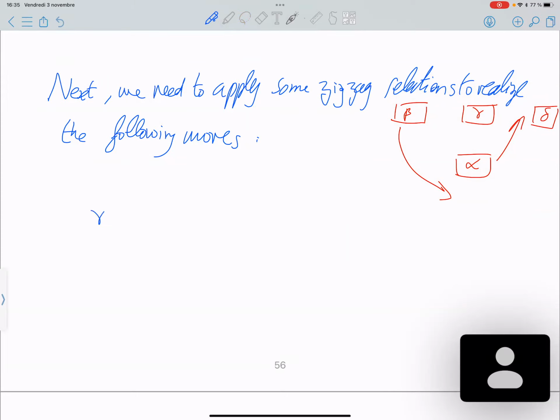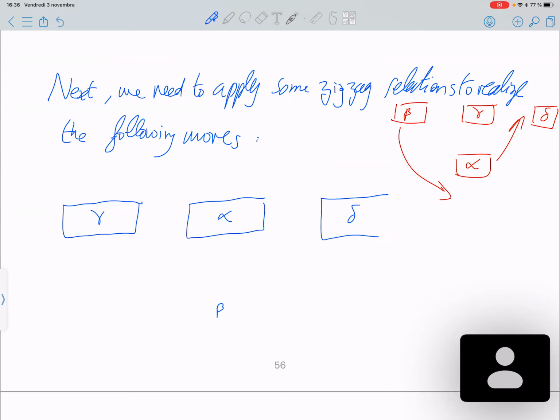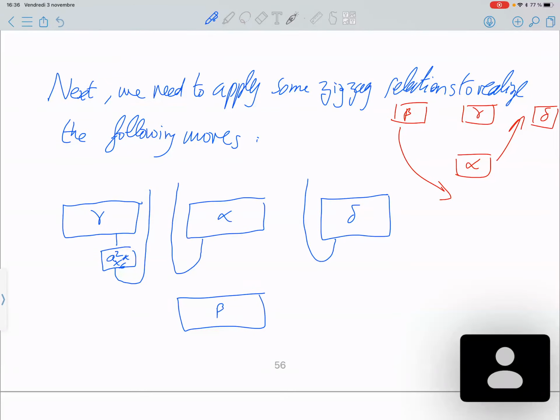So gamma, alpha, delta, beta. So here you have A X6 star square. Like that. Something like that. Okay.